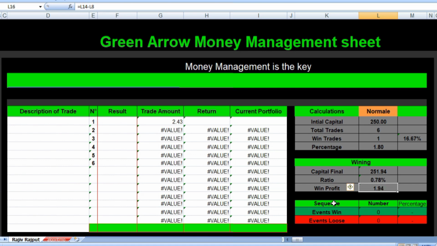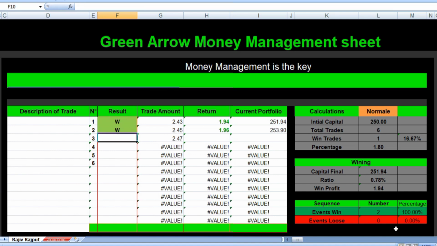And this is our last panel, and guys, this panel will tell you your live accuracy. Let's suppose you are having continuously winning trades. As you can see here, if you win continuously, then this will show you completely positive accuracy, and when you lose, it suddenly calculates the accuracy and divides it into the losing events and the winning events.